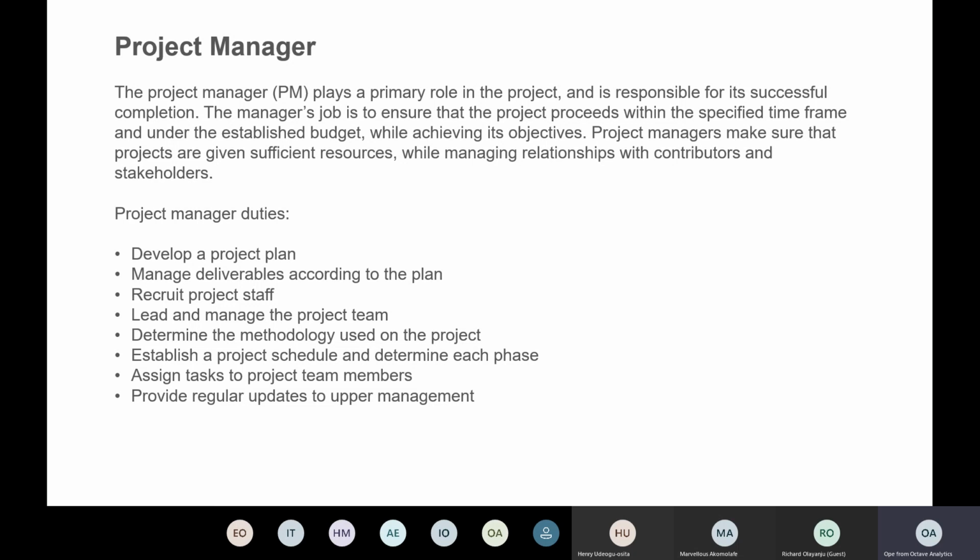Then you must manage deliverables according to plan, right? You must be able to plan your deliverables. So your sprints will even help you to have plans in smaller bits, like smaller bits of 2 weeks, so that you are on track, so that you are not running behind schedule.